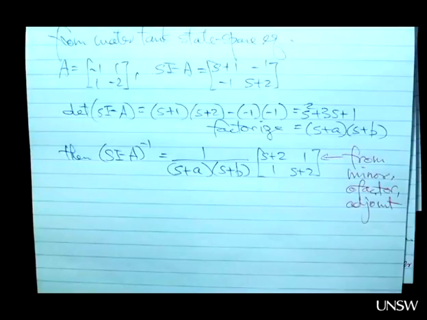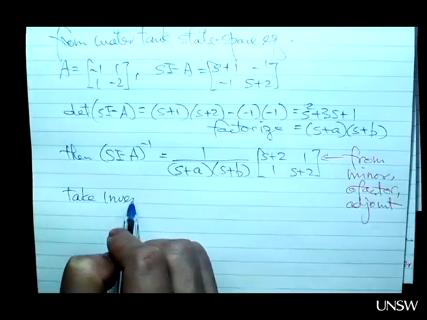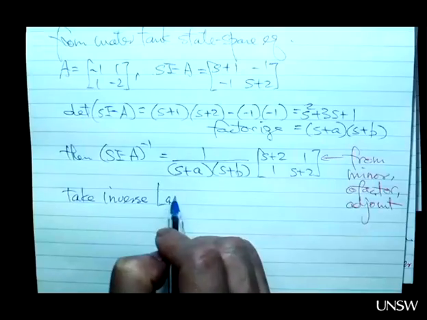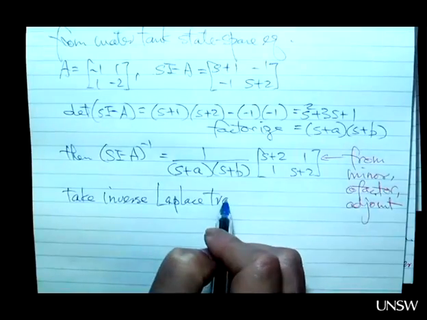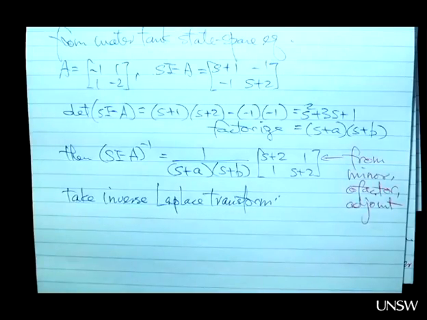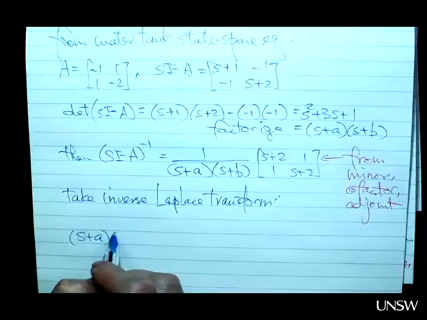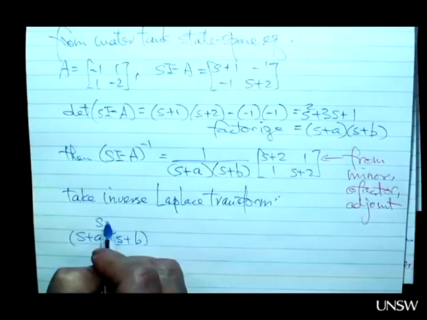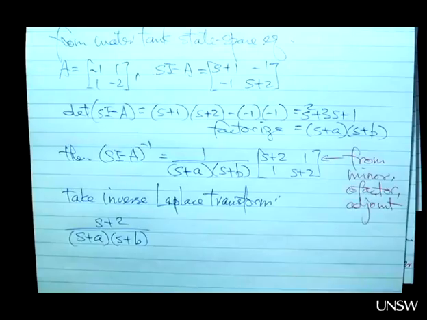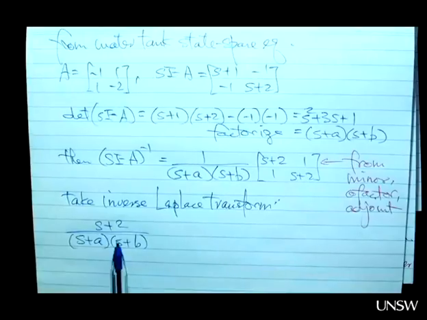Then we take the inverse Laplace transform. So we have the first row and first column element. For this element we take the inverse Laplace transform.